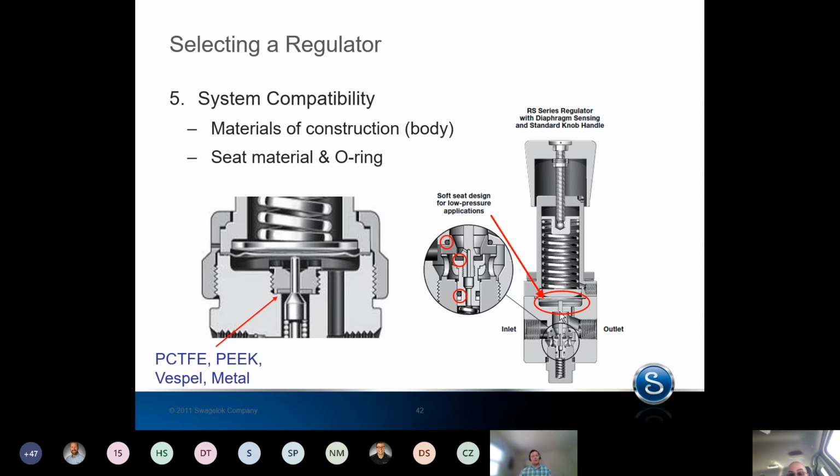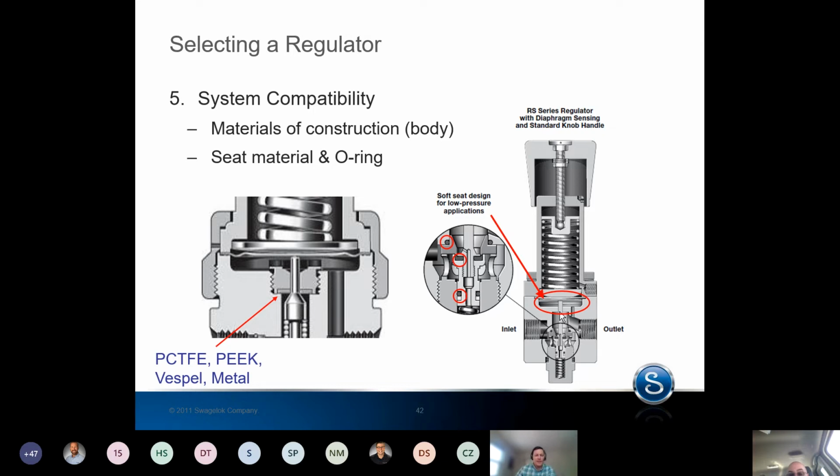So we've just gone through the hard stuff, right? So 2, 3, and 4: inlet pressure, outlet pressure, flow. Now we talk a little bit about compatibility and some of the system functionality before wrapping up. So when we talk about compatibility, it's the same as you would for any other component, right? Make sure the soft goods are chemically compatible. Make sure your body material is compatible.